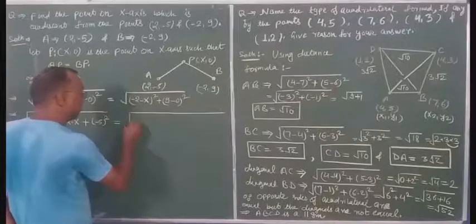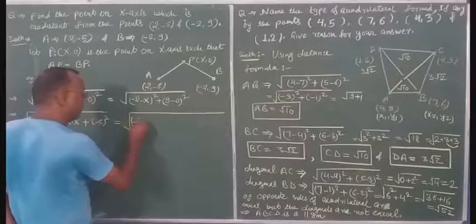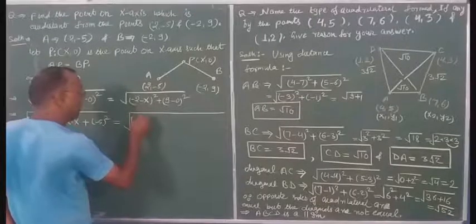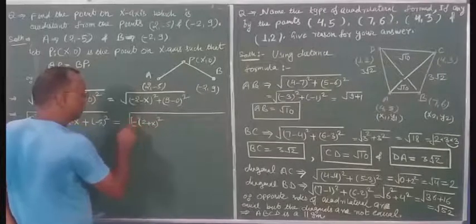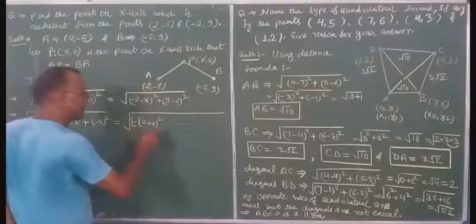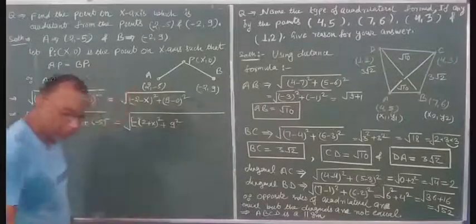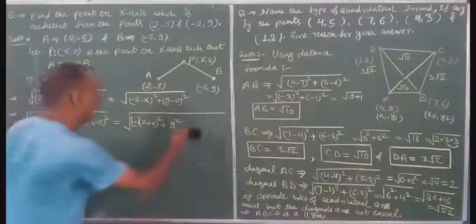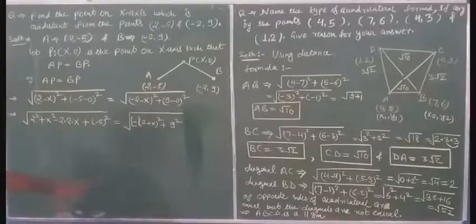We can write minus 2 minus x, taking the minus out, as (2 plus x) whole square, plus 9 square.